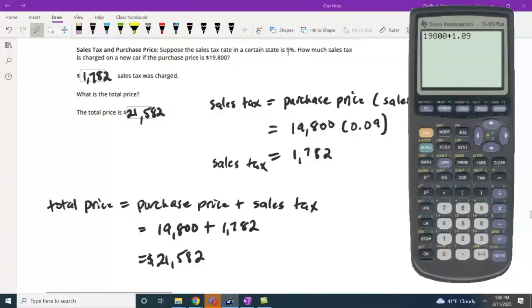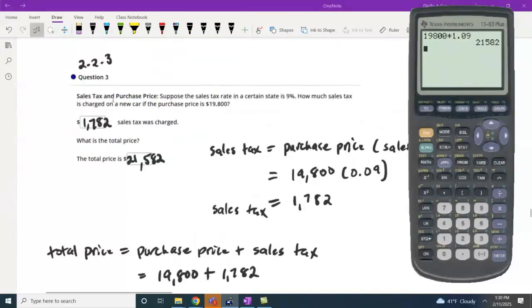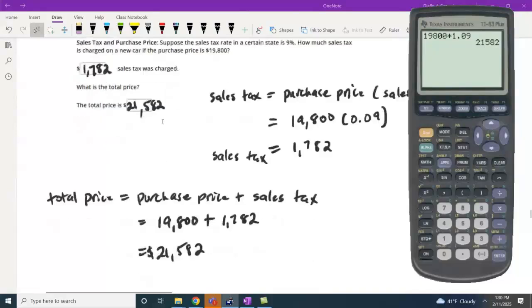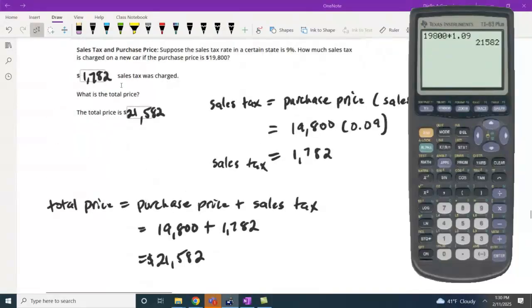Because we're adding 9%, which is 0.09, to the 100% total. We're increasing the 100% total by 9%. And this will just outright give us the $21,582 in one step versus the 2 steps. All right, so any questions about number 3? Now, if they ask for the sales tax amount, then you have to physically find it.